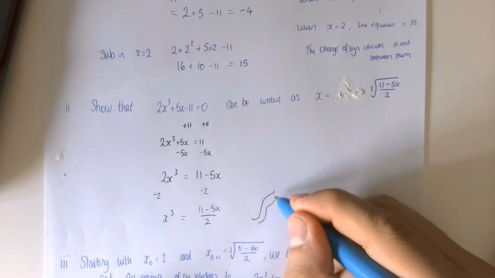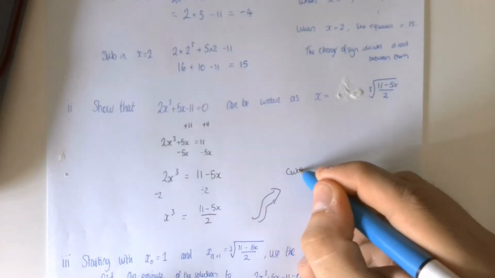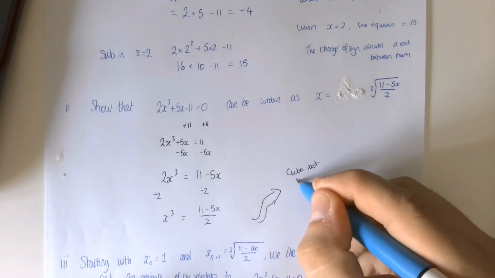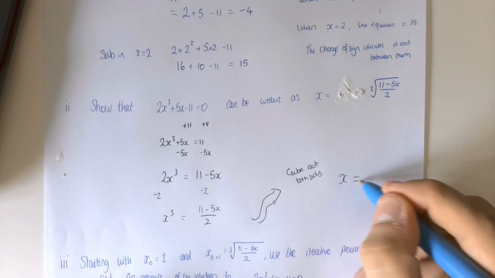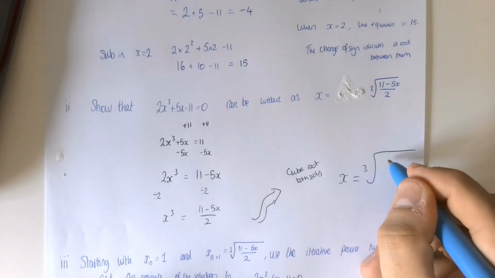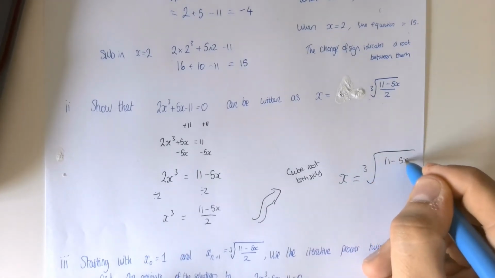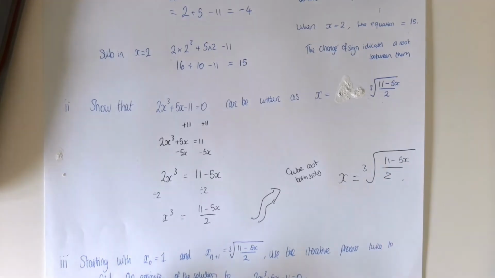Then I'm going to want to cube root both sides to give me x equals the cube root of (11 minus 5x) over 2. That is what you're wanting to prove. You've just gone through the algebraic steps to get there. So don't be put off, because actually there's not too much algebra in there that you can't do. You just need to be confident and know what you were aiming for.